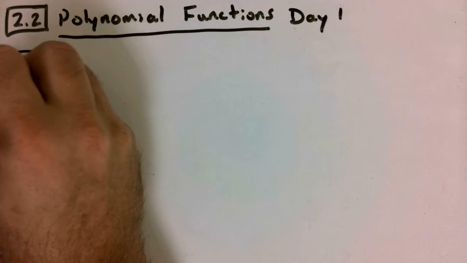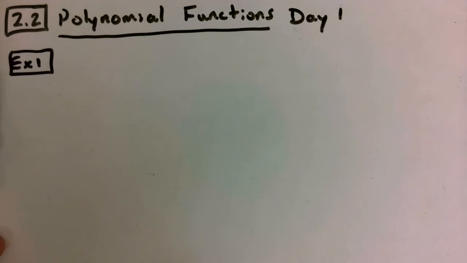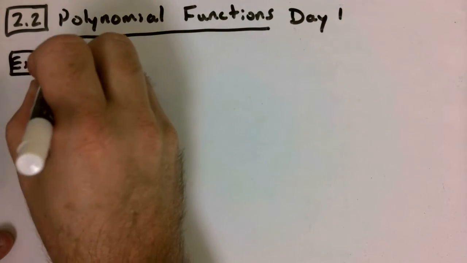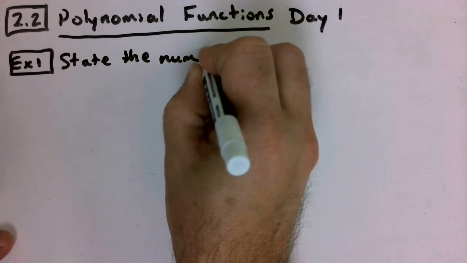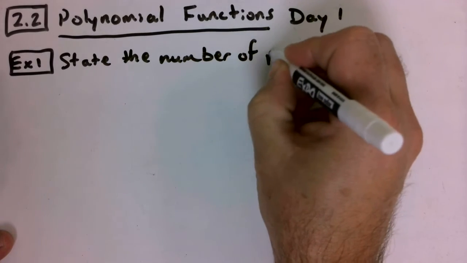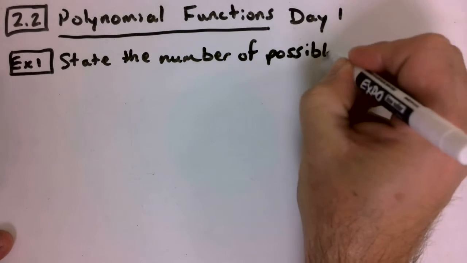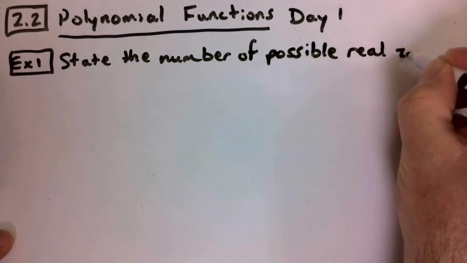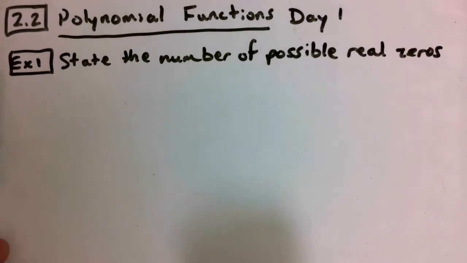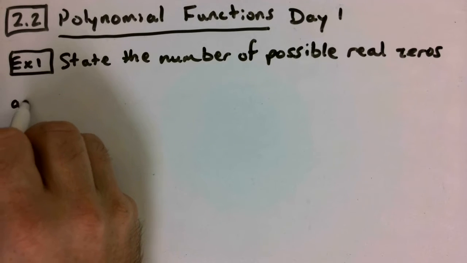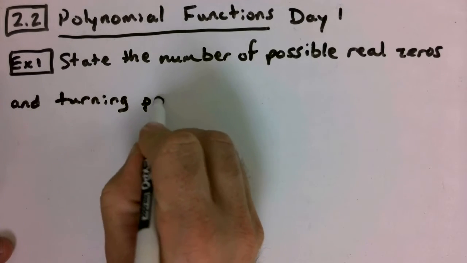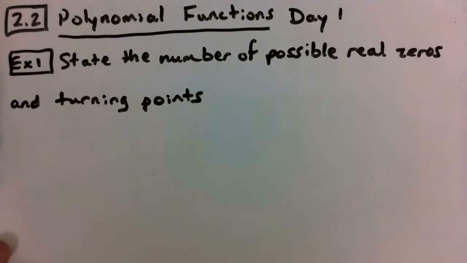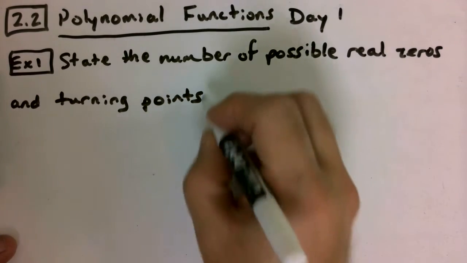So for example number 1, our directions state the number of possible real zeros and turning points. Then determine all the real zeros by factoring.